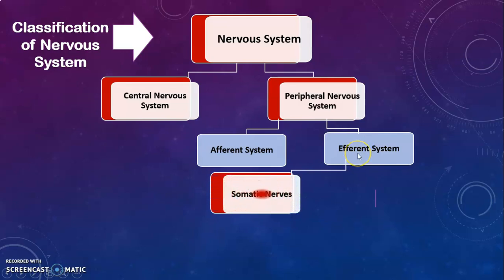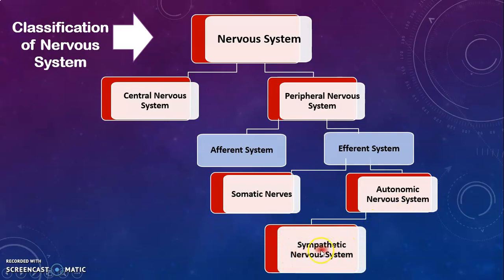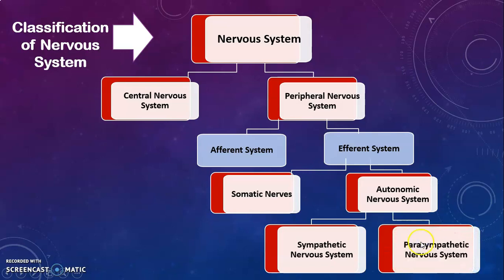Then again, the efferent system is divided into two parts, somatic nerves and the autonomic nervous system. The autonomic nervous system is again divided into two parts, the sympathetic nervous system and the parasympathetic nervous system. This is the whole classification of our nervous system.